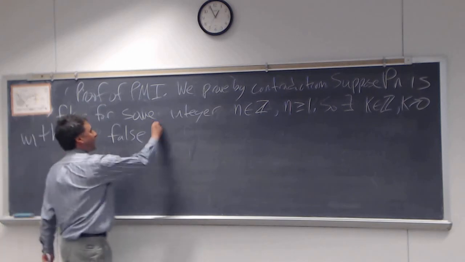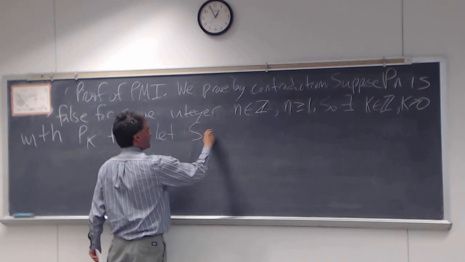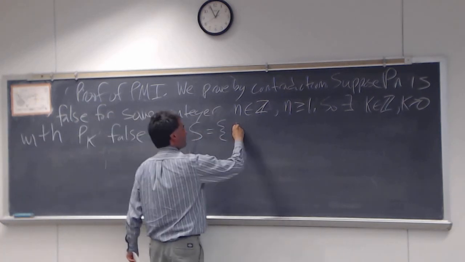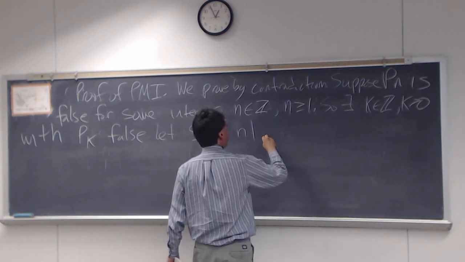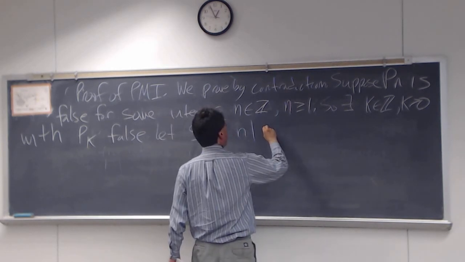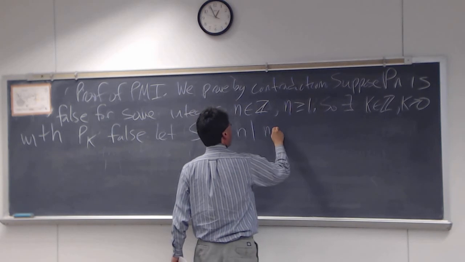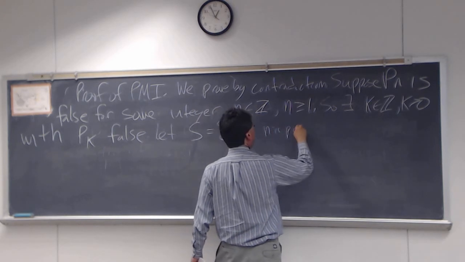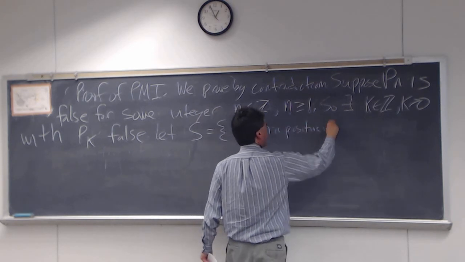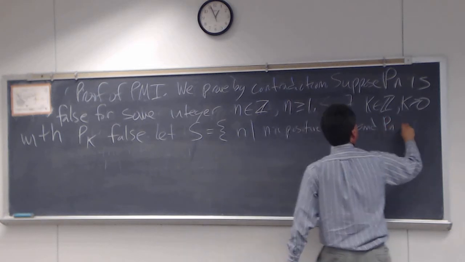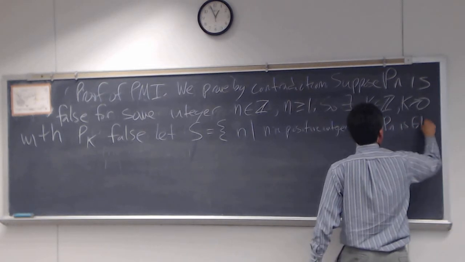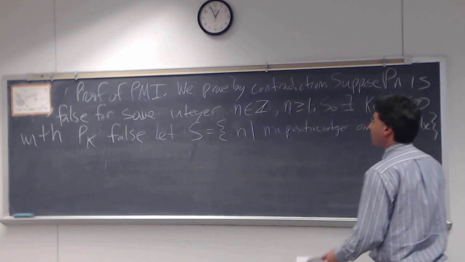So let S be the set of all n such that, well, first n is a positive integer and Pn is false. So that's our set S.